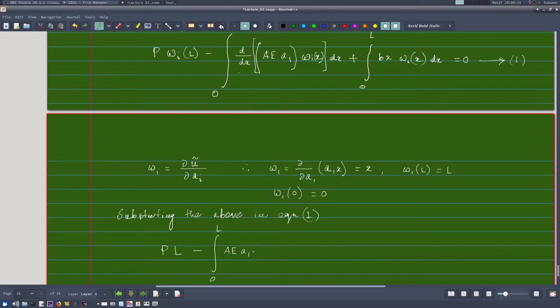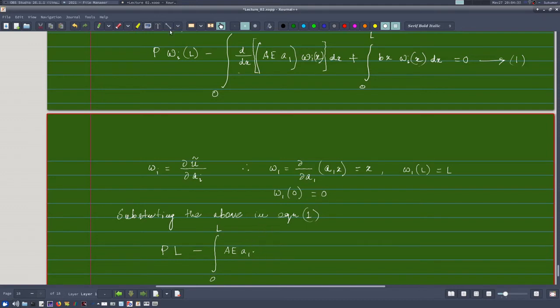So now when I substitute these values here and apply the integration by parts rule, you know that the order of differentiation will now move to this function.